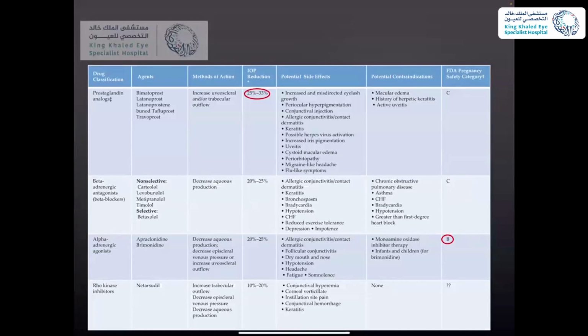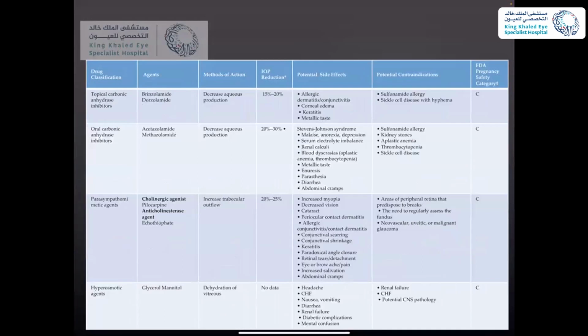Also remember that alpha adrenergic agonist is FDA approved and categorized as safety class B for a patient with pregnancy. Other medications are also used, and they have systemic side effects that you should keep in mind when you prescribe them, and make sure that the patient does not have a contraindication for that medication.